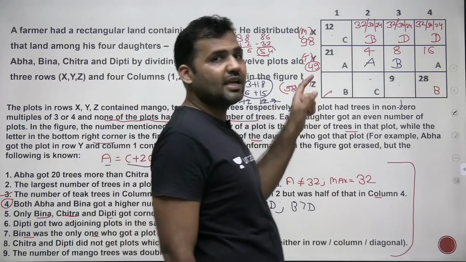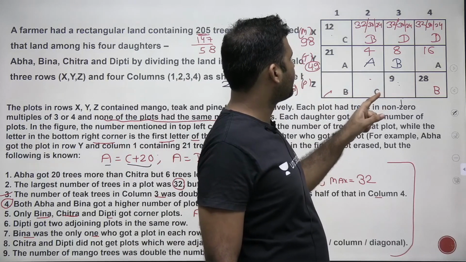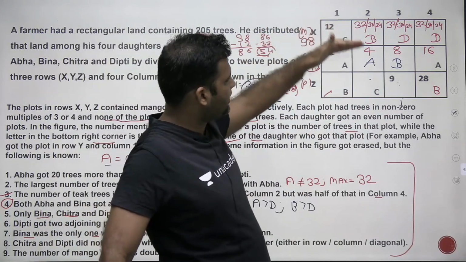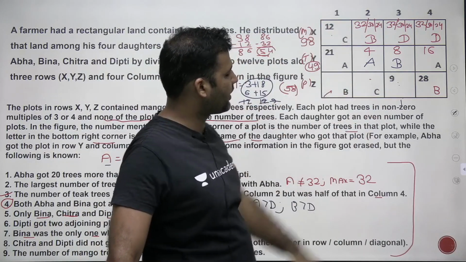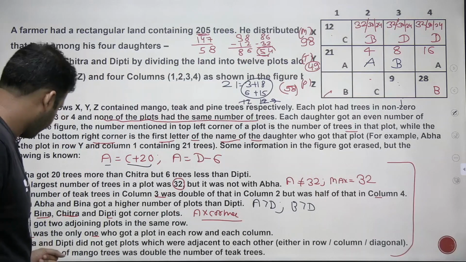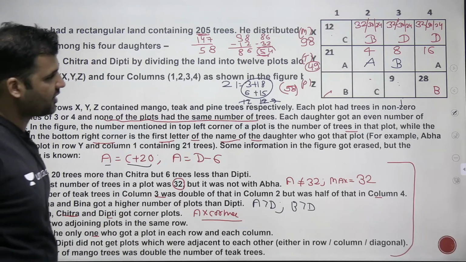That means nobody else can be in each row or column, right? Neither A at this point of time, C is here, C is here, C is not here. Bina is supposed to be the only one who got a plot in each row and each column. Only Bina, Chitra and Dipti got corner plots. Both Abha and Bina got a higher number of plots than Dipti.